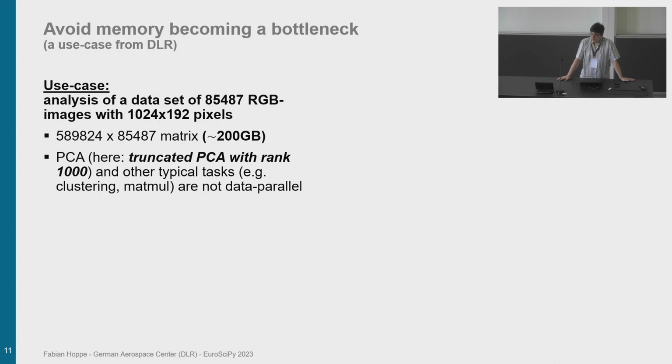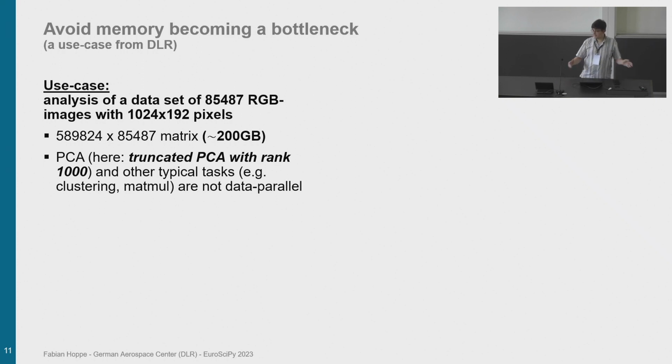And if you, for example, want to do DMD of that, then you need a PCA. Here I show you an example of a truncated PCA with truncation rank 1000. But actually what I show you also applies to different techniques, for example, clustering or just a matrix multiplication of such a data set. The important thing to observe is that these tasks are not data parallel.